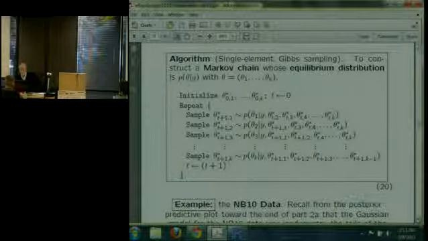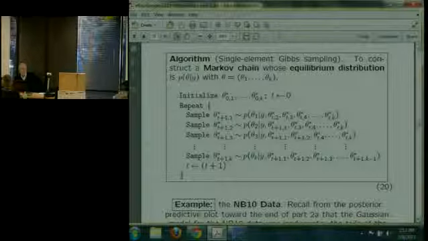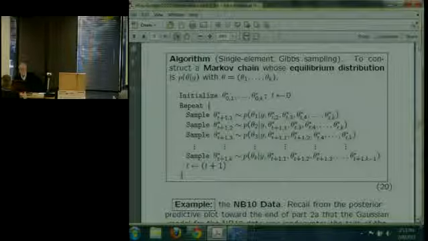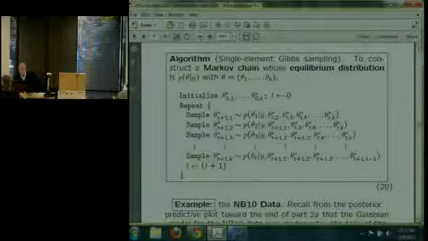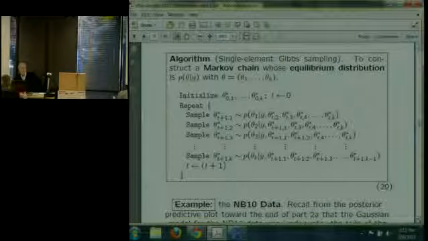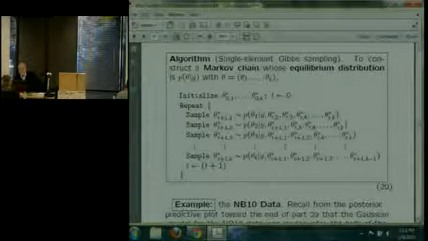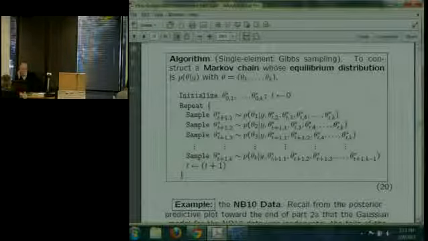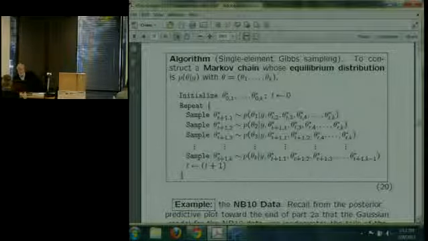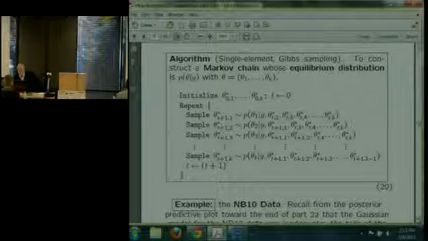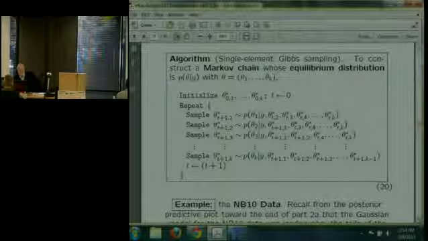So here in equation 20 in the box is the algorithm for single element Gibbs sampling. To construct a Markov chain whose equilibrium distribution is the posterior that you're interested in, with theta as a vector of length k, you start somewhere. So you initialize the Markov chain at some elements theta 0, and you set the iteration counter to 0, and you just repeat.